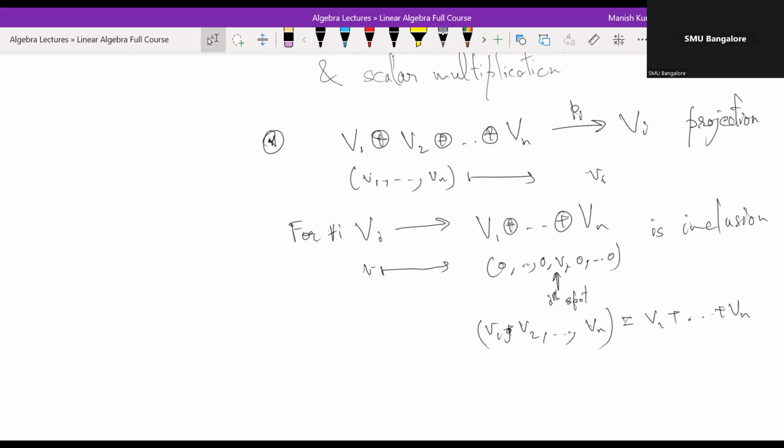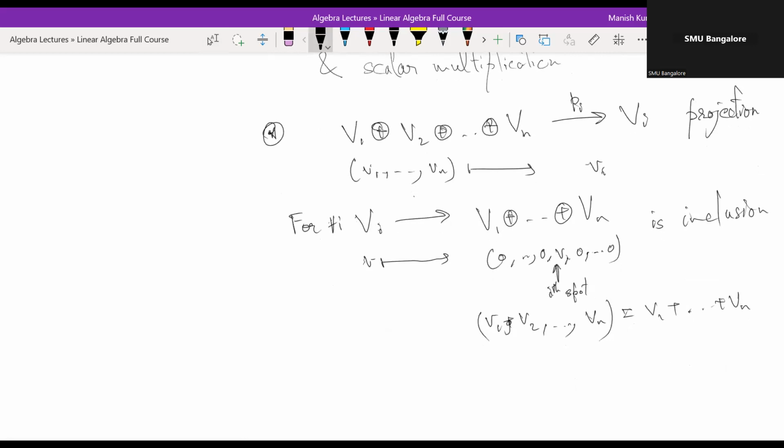We will see that these are linear maps, and if you do the composition in the right way, first the inclusion map script I followed by the projection, then you get the identity map on V_i. If you first do P_i and then the inclusion, you get a map from the direct sum to itself, but it picks out the ith piece.